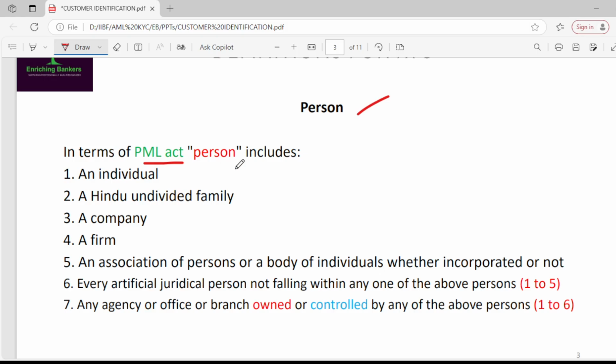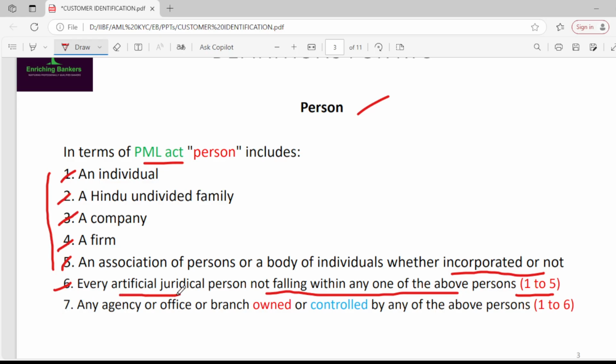In terms of PML Act, person includes an individual, a Hindu undivided family, a company, a firm, an association of persons or a body of individuals, whether it is incorporated or not, every artificial juridical person not falling within any one of the above persons 1 to 5. So every juridical person not falling within any one of the above 5 persons can also be considered as person or defined as person.